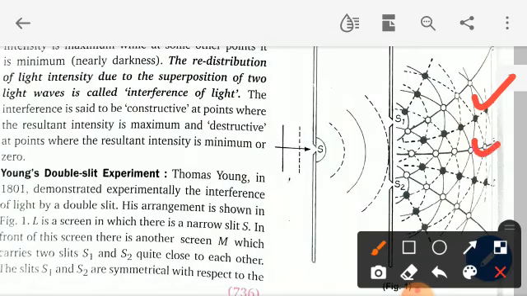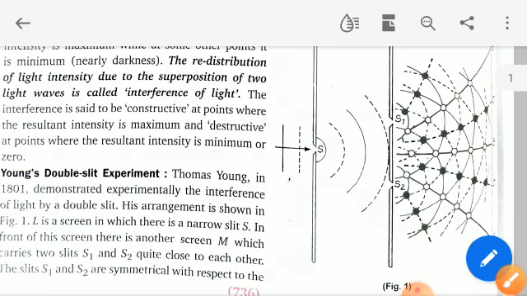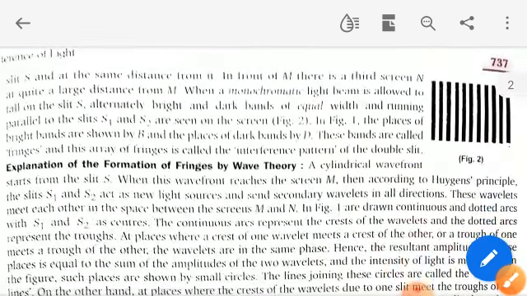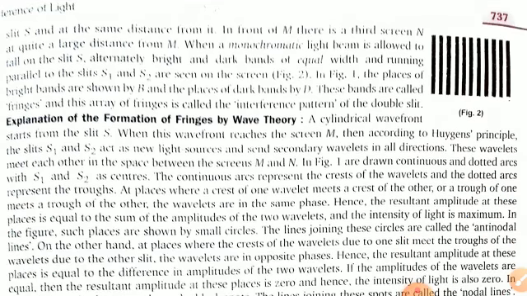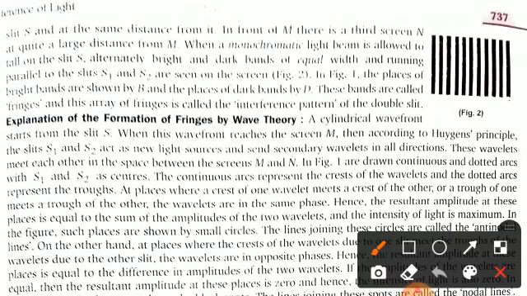This is your D, this is your B. B means bright spots and D means dark spots. So that is what is written here. These bands are called fringes. Fine. And this array of fringes is called the interference pattern.